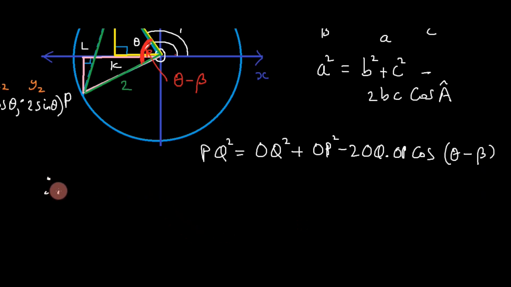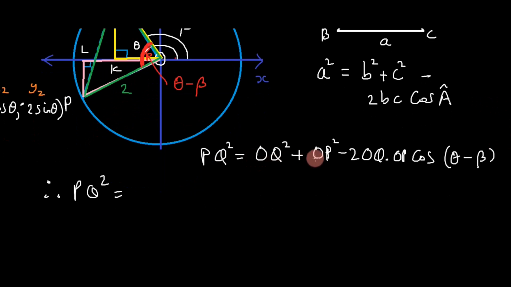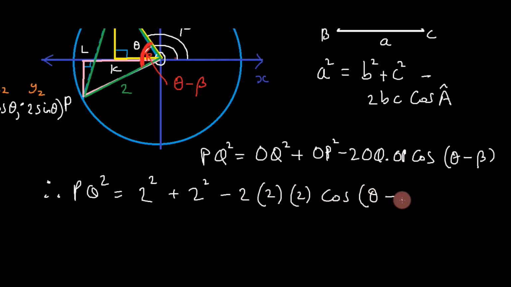So then we can write PQ squared as, of course, we said earlier that OQ is a radius, and so is OP. They're both equal to 2 units. So we can replace OQ and OP with 2 units. So 2 squared plus 2 squared minus twice OQ, in other words 2, times OP, 2, times the cos of theta minus beta.